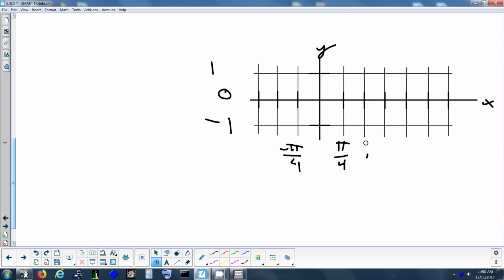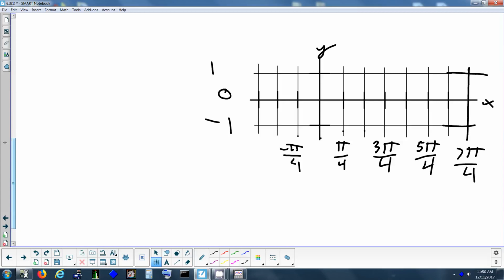Because if you put it there, you're not labeling it consistently. You put a label, you skipped. You put a label, you skipped. You put a label, you skip. And what was the highest one? Do we need 7 pi over 4? Yeah. So I need one more. Put a label, skip, put a label.